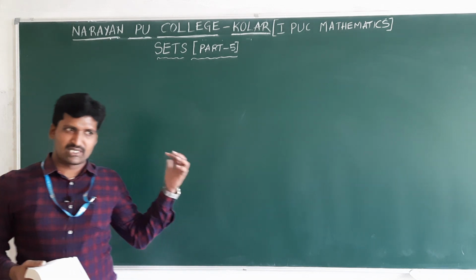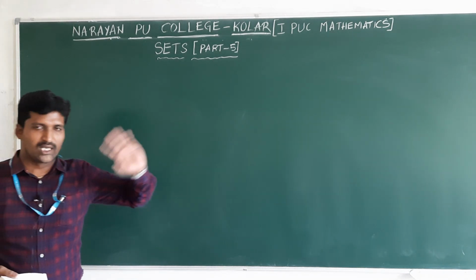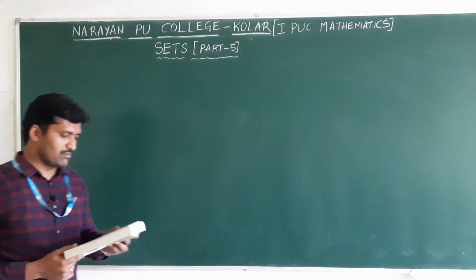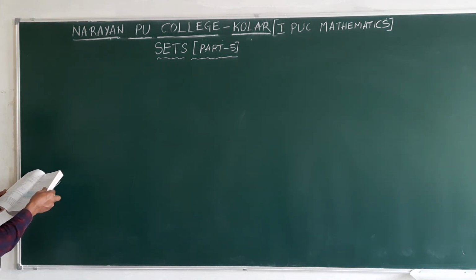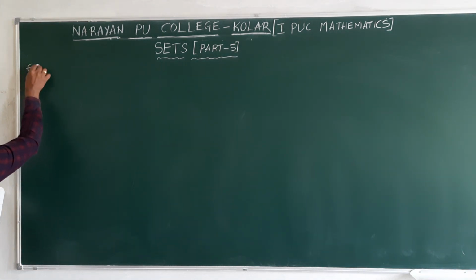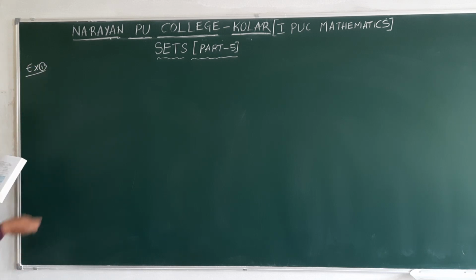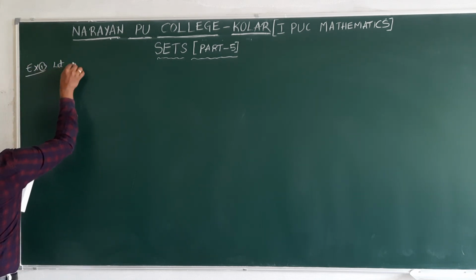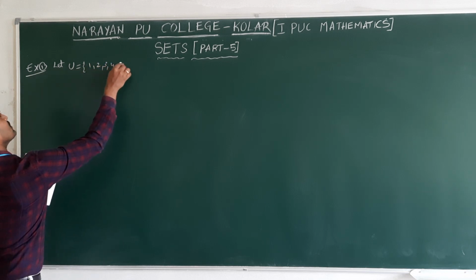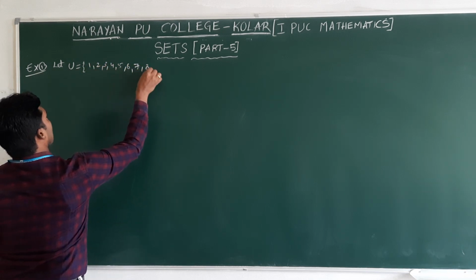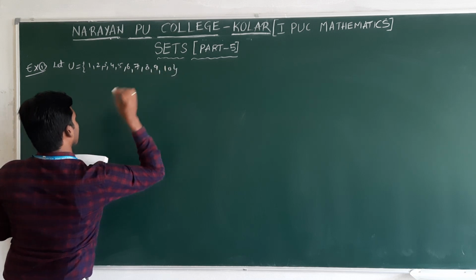This concept is a deleted portion, which means related problems are also deleted, but we will discuss some examples. Example 1: let U equal to the set 1, 2, 3, 4, 5, 6, 7, 8, 9, 10.